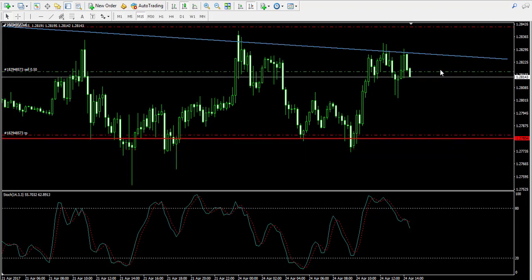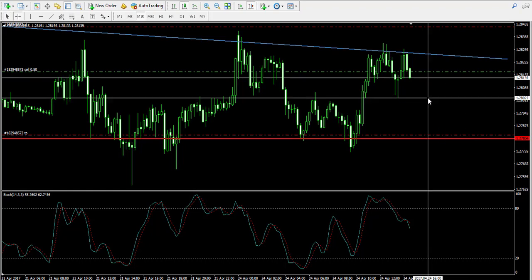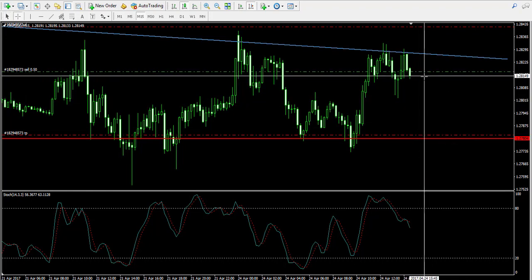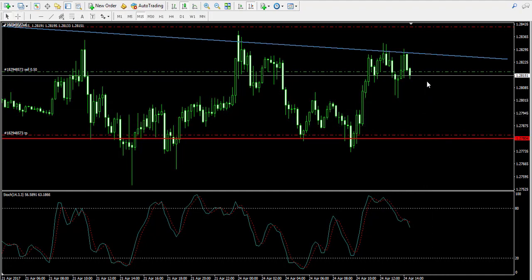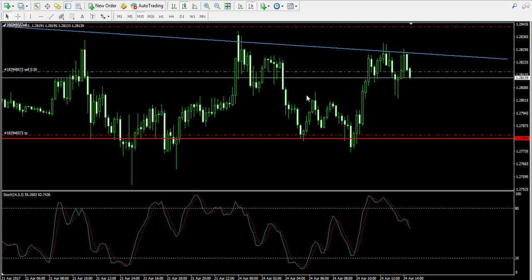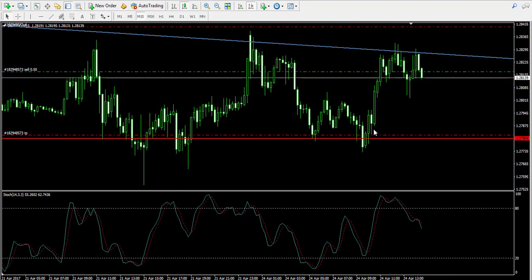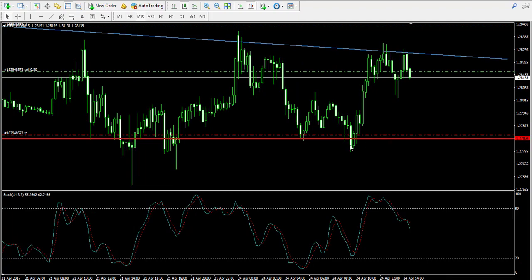In case the price creates a sharp decrease in bearish direction and then goes back to where it was, I would hope that the price will hit my take profit order, because this is going to be a very big move, just in case. At the same time, I'm not aiming for a very big move, because when you trade with the stochastic, sometimes the moves will not be that big.